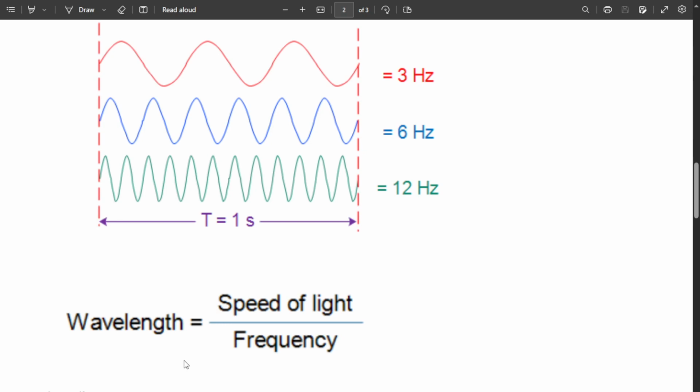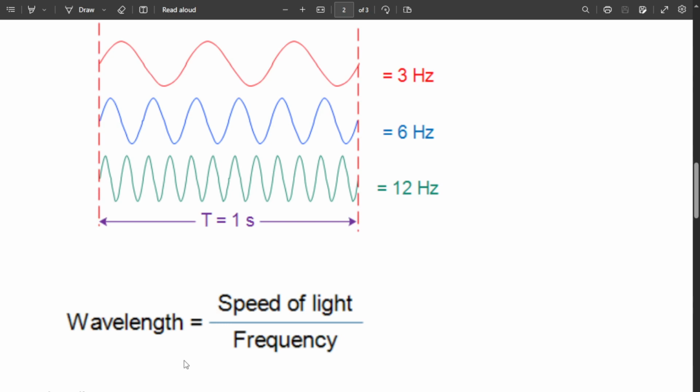The fastest waveform, or the fastest frequency, is the speed of light, nothing else, right? So we can take the reference of the speed of light and consider the frequency and wavelength. If frequency is increased, then wavelength is going to be decreased, and if frequency is decreased, then wavelength is going to be increased.